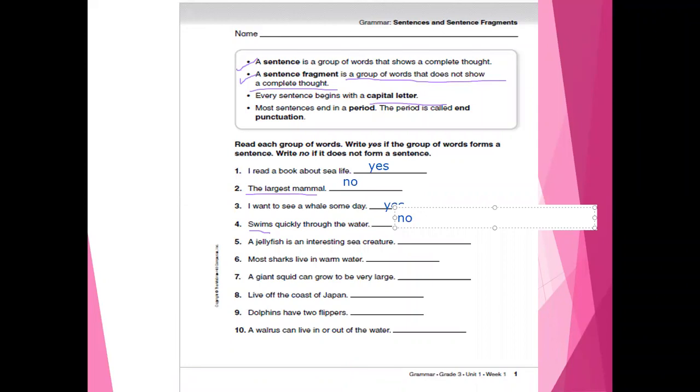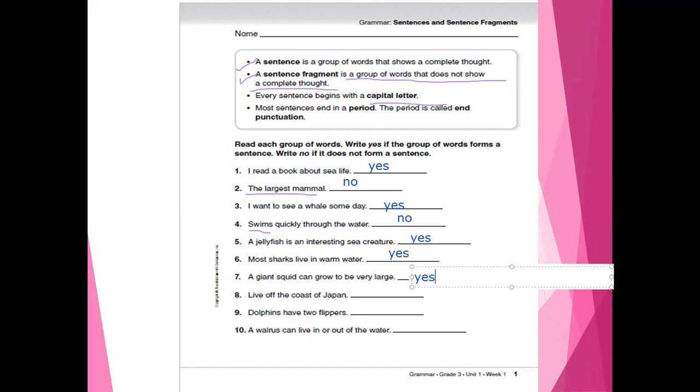A jellyfish is an interesting creature. Here it has a complete thought, so yes. Most sharks live in warm water. It has a subject and a predicate, and it has a complete thought. So, yes, it's a sentence. A giant squid can grow to be very large. It is a sentence.